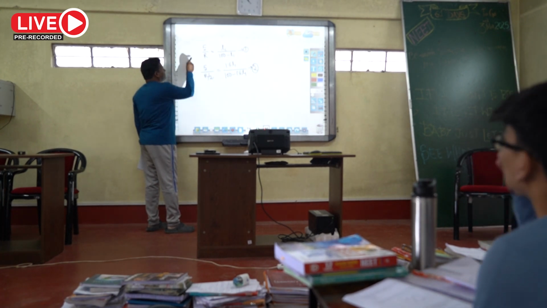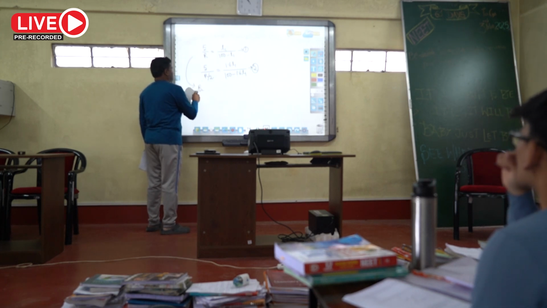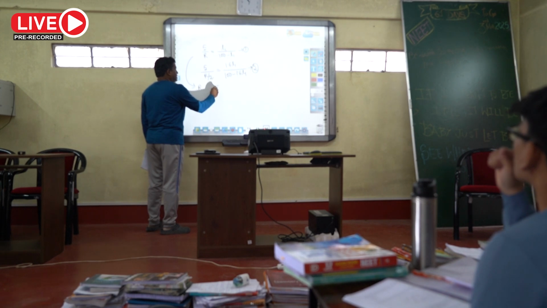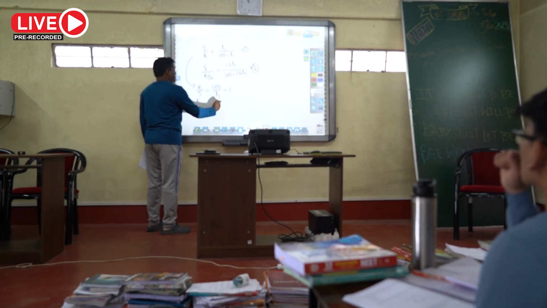So from the first equation, you can write R by 5 equal to 100 minus L1 by L1, that is 100 by L1 minus 1. So R by 5 plus 1 equal to 100 by L1.